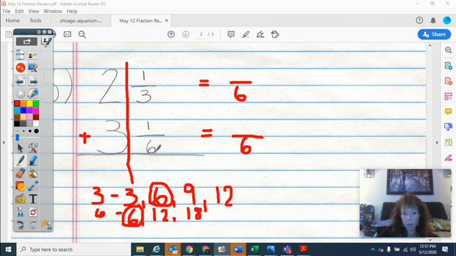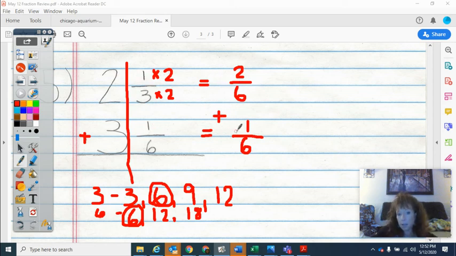Okay, so 1/6 is going to equal 1/6. But 1/3 equals how much out of 6? Well, 3 times 2 is equal to 6. And so I have to do the same thing in my numerator. 1 times 2 is 2. And I'm adding. Okay. So I've rewritten 1/3 as 2/6.